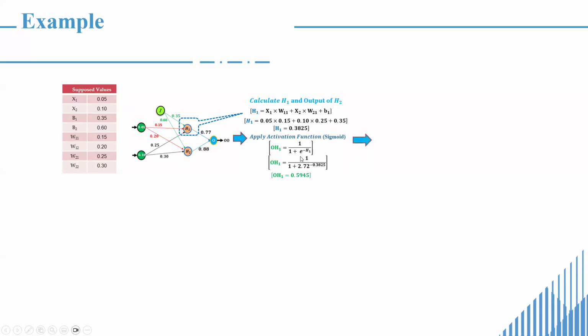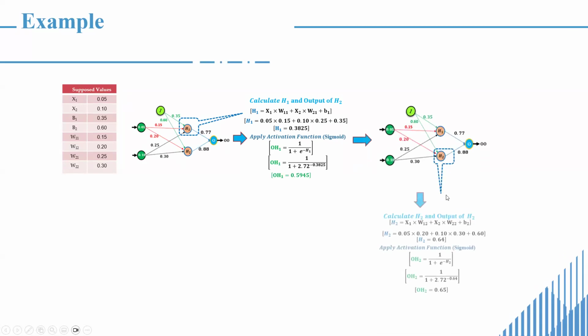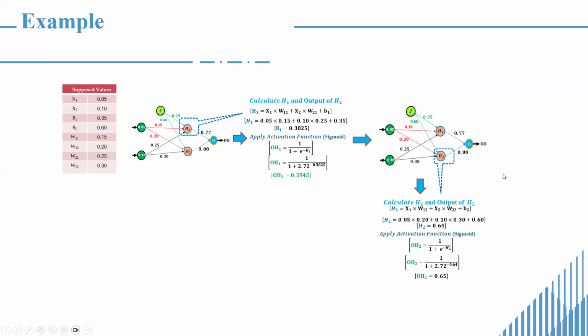Now this one is for the other one, H2. For H2, it's 0.05 multiplied by 0.2, and then 0.1 multiplied by 0.3, plus the bias. So at the end, you get H2 is this much.